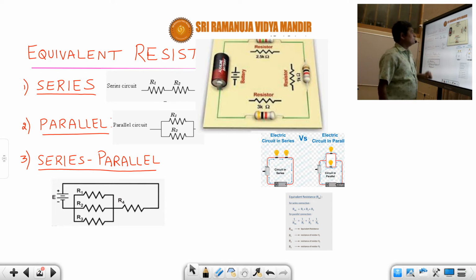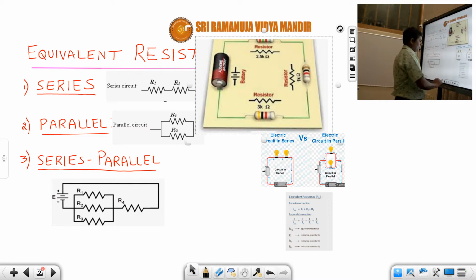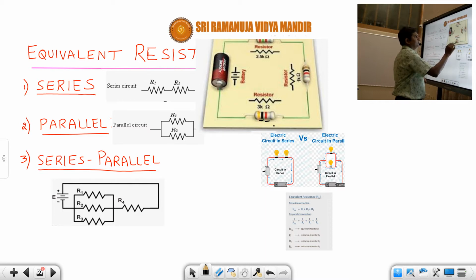You can see on the board some color bands, for example black, then red, yellow. Depending upon the color code, you can easily evaluate the resistance of the resistor. We'll see that afterwards, students, but just observe that the resistor looks like that.